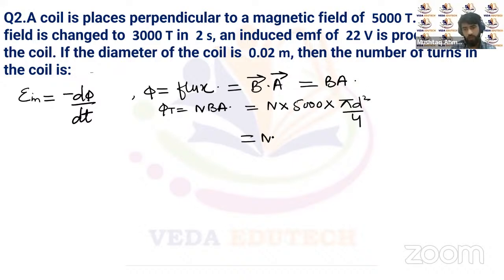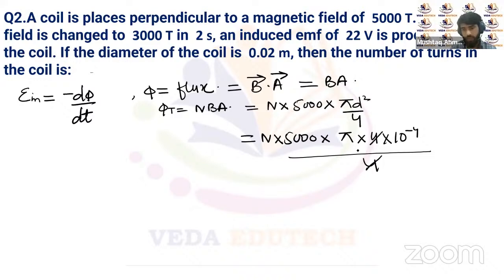So we can rewrite it as 5000 pi d square. Now the value of d is given as 0.02 meter, or we can write it as 2 into 10 to the power minus 2 meters. That will be 4 times 10 to the power minus 4 here, divided by 4, so 4 and 4 will get cancelled.